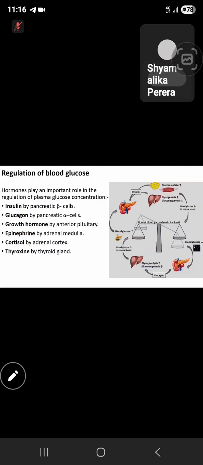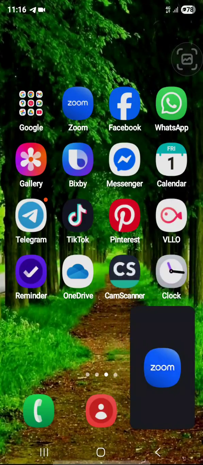Let's move on to the hormonal effect, the hormone involvement in this process. There are many hormones like insulin, cortisol, and thyroxine, but mostly we talk about insulin and glucagon, which are secreted from the islets of Langerhans in the pancreas.